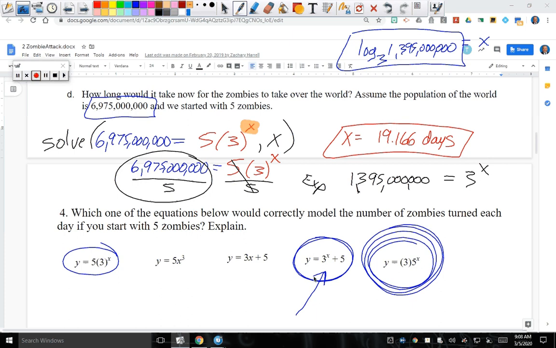You with me? You're tripling each day, and then you have these 5 zombies that are off to the side that you're just adding to the mix. It's like those 5 zombies are caged up, and they're not infecting anyone. They're outside of the equation, but they're just there. You're still tripling each day, but then you have these 5 stragglers that aren't turning anyone. And it's because they're being added. Okay? Alright, I just wanted to get your brains wrapped around that kind of stuff.